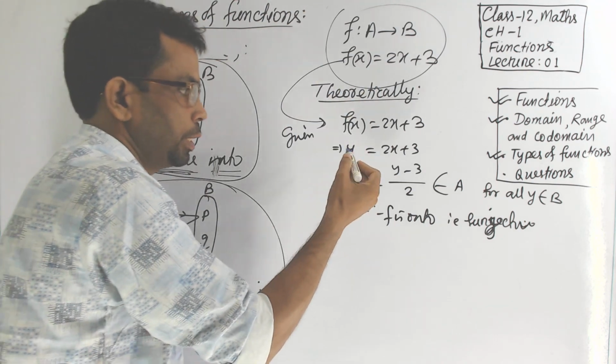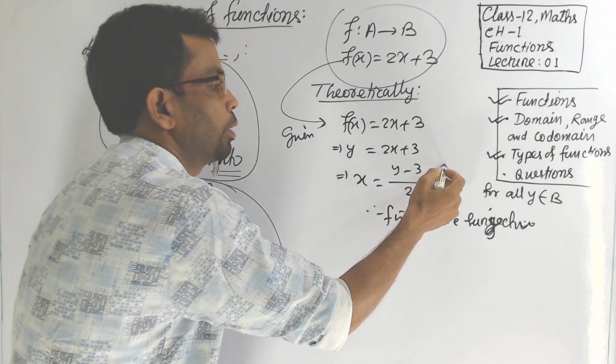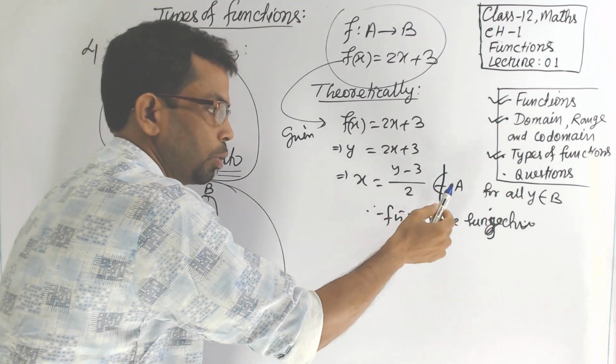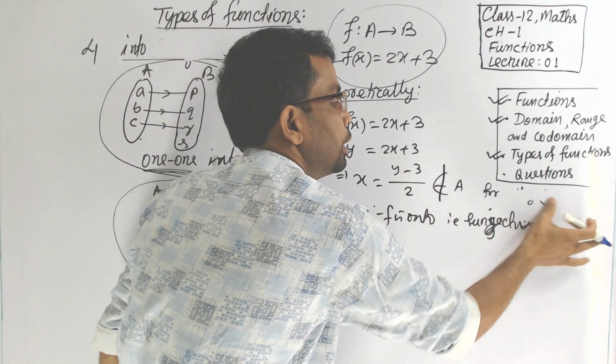Theoretically, writing is almost similar, but in this case there will be not belonging. This expression, x written in terms of y, will not be belonging to A for at least one value.